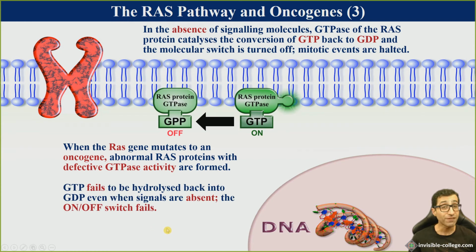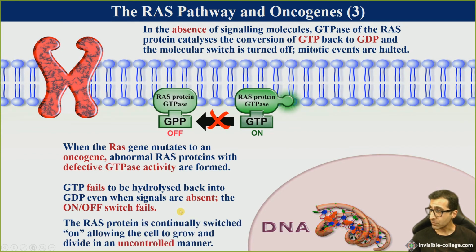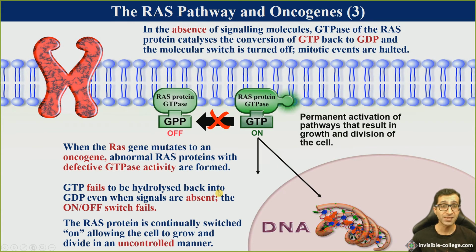The GTP fails to be hydrolysed back into GDP even when the signals are absent. So in this case, what's happened here is the on-off switch has failed. The consequence of this is that the RAS protein is continually switched on, and this allows the cell to grow and divide in an uncontrolled manner. And this ultimately is what leads to cancer.